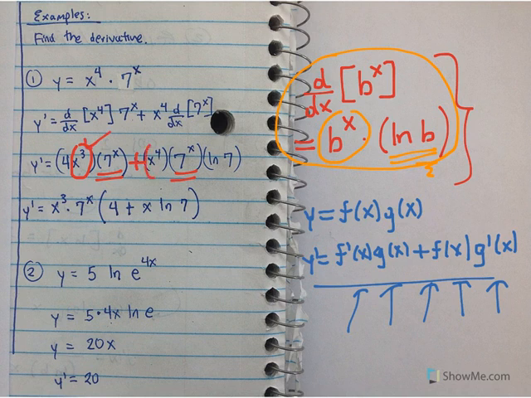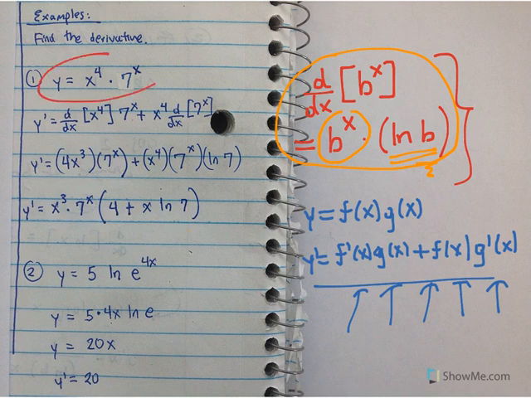So I have x cubed here and I have x to the 4th here, so that's 3 factors of x times 1 more, right? So we can factor out x cubed from each term as well as 7 to the x from each term. So when we do that, from the first term we're just left with 4, and from the second term we're left with 1 factor of x, so we have x, and we're left with natural log of 7.